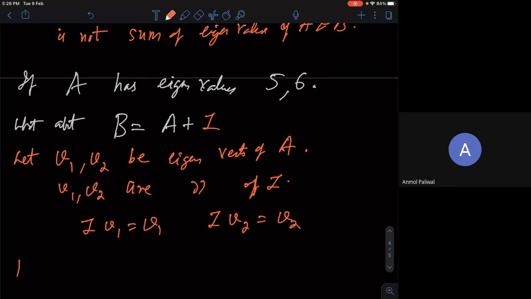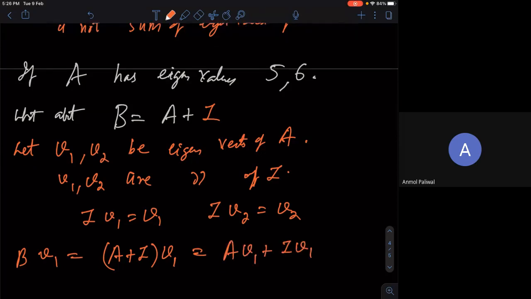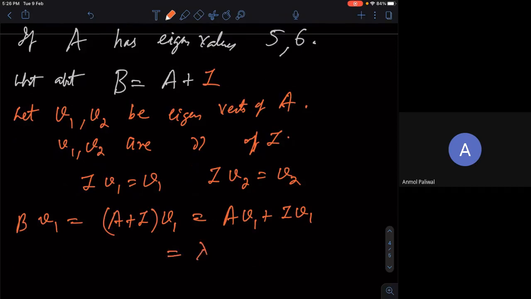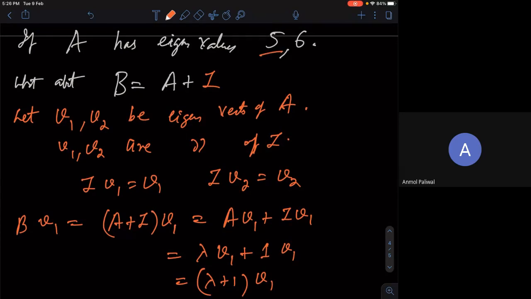Therefore, B V1 is the same as A plus I times V1, which is equal to A V1 plus I V1, which is the same as lambda V1 plus 1 V1, equal to lambda plus 1 times V1. So if A had eigenvalue 5, A plus I will have eigenvalue 6.